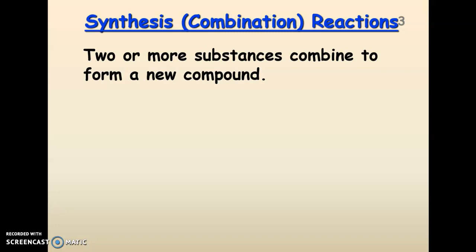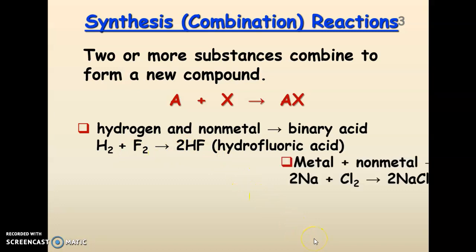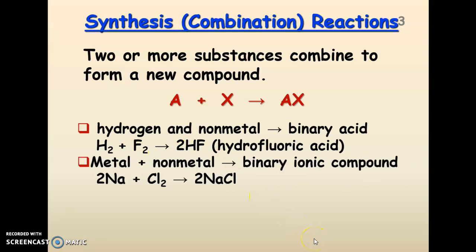Alright, so in the synthesis reaction, two or more substances combine to form a new compound, and here's some examples of those. So like hydrogen and fluorine get together and form hydrofluoric acid, and sodium and chlorine get together to make sodium chloride.